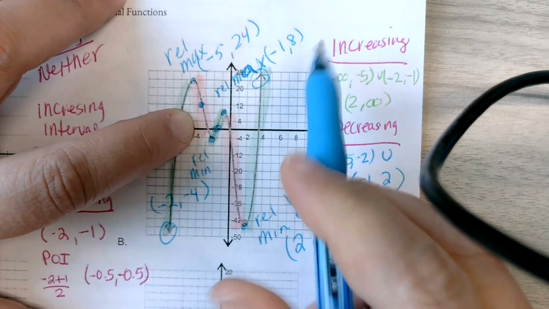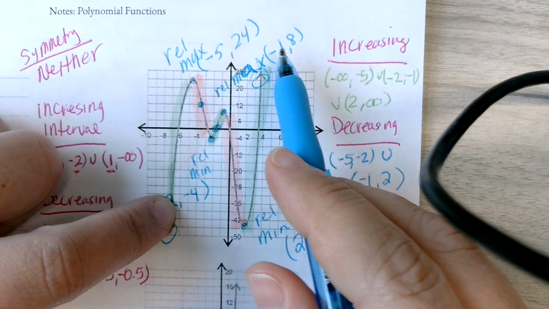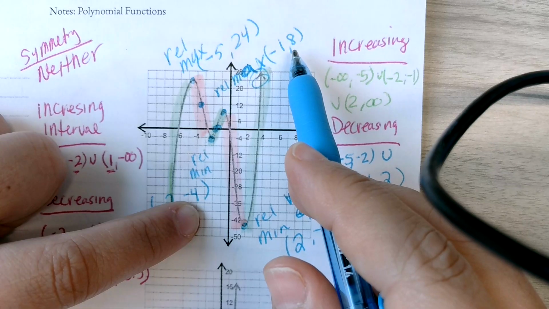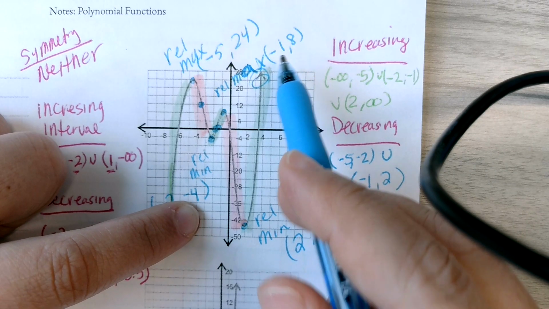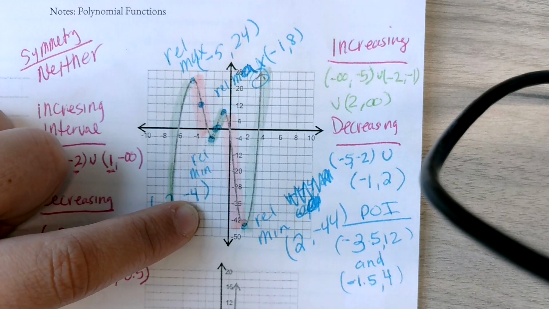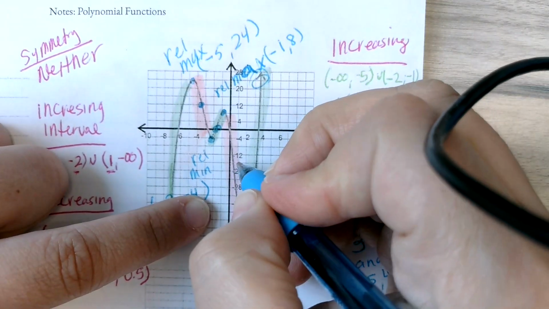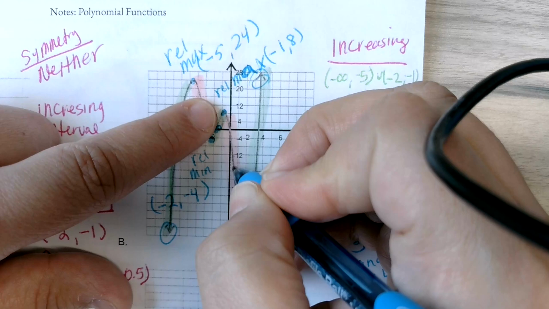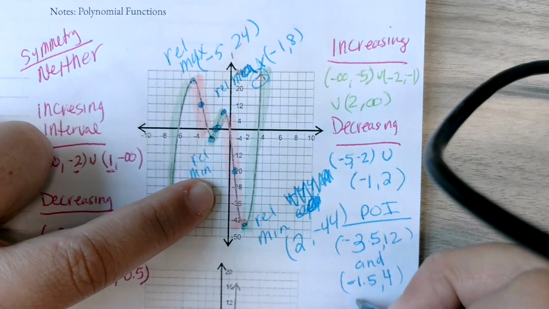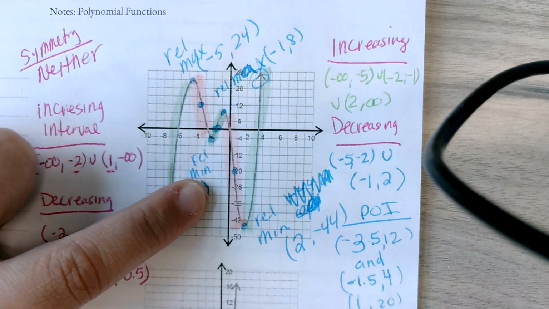It should be halfway between the 2 and the negative 1. So it's negative 1.5. And then halfway between 8 and negative 4, is that 2? Okay, and then the last one is in between these two. So at 1 somewhere, we're just going to guesstimate 120.